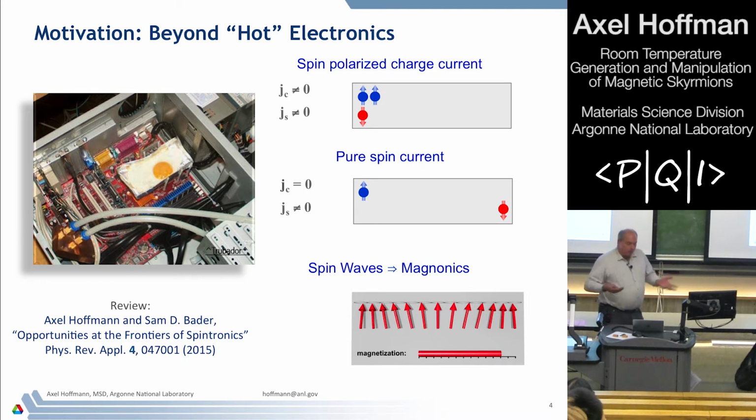As you know, if you look at modern-day electronics, one of the things that happens is, as you take electronic devices and make them ever smaller, power dissipation becomes a bigger and bigger problem.